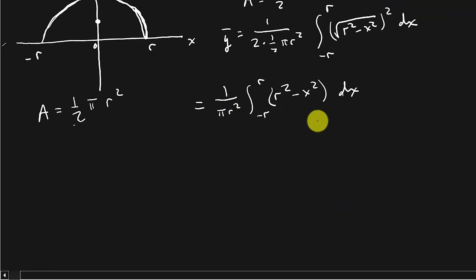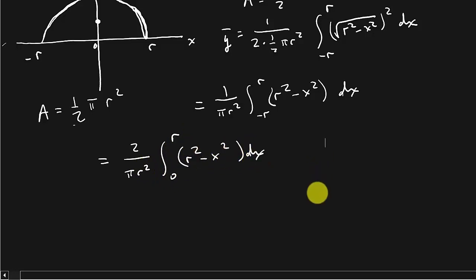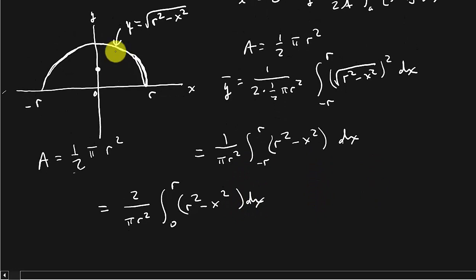Now, I can integrate this thing, but wouldn't it be easier to do this when you evaluate it? Wouldn't it be easier to say 2 over pi r squared from 0 to r of r squared minus x squared dx? See, isn't this thing symmetrical?